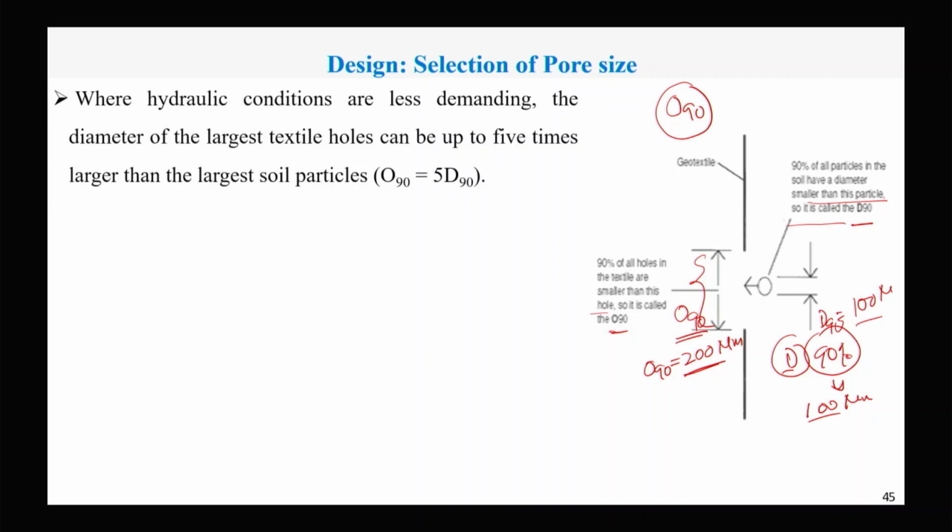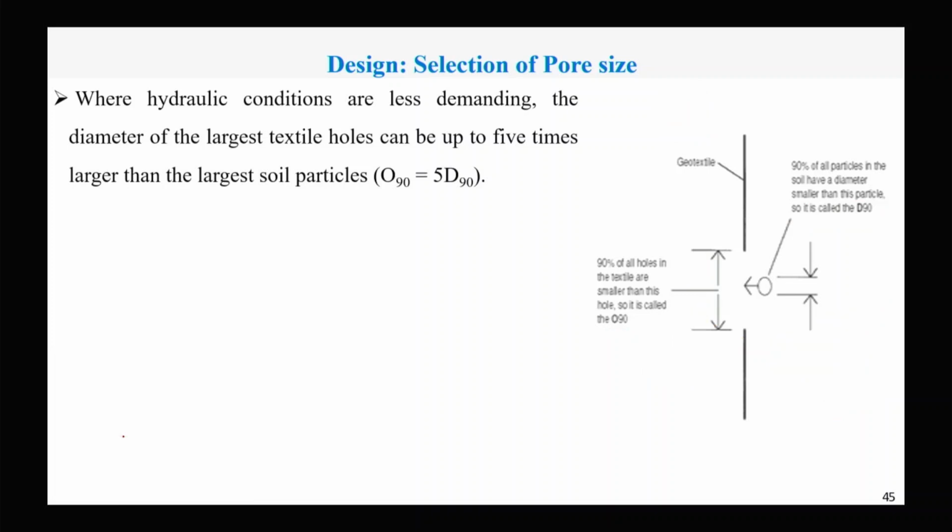Now, when the geotextile is placed on a soil to retain the soil, where hydraulic condition is less demanding, there is no wave, no disturbance in the flow. Only simple, very slow, streamlined flow of water.